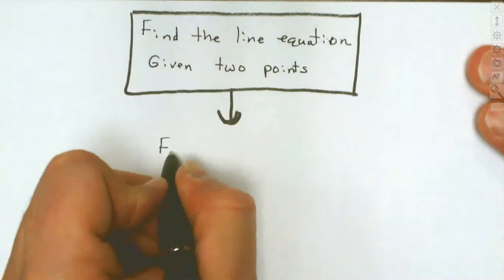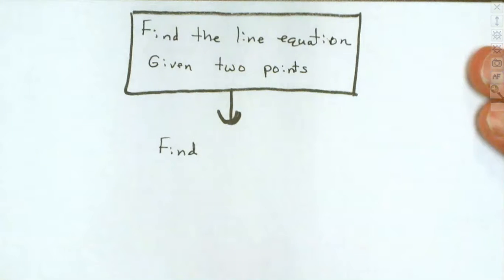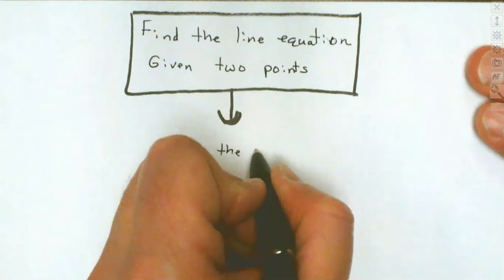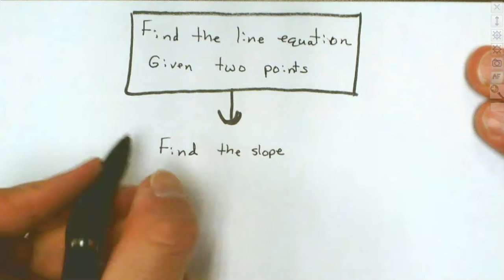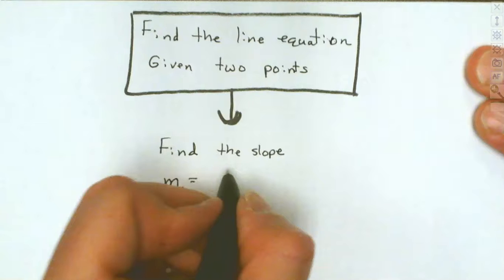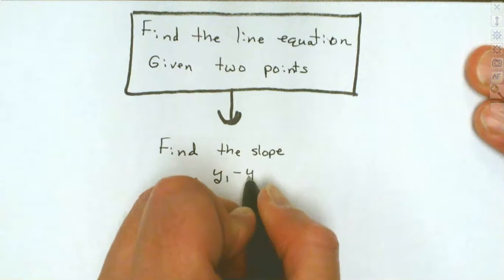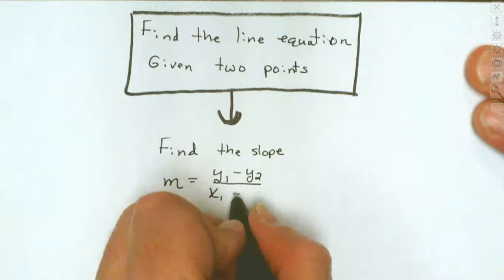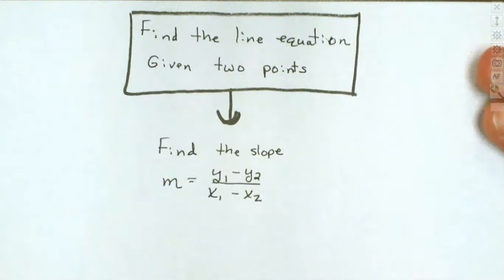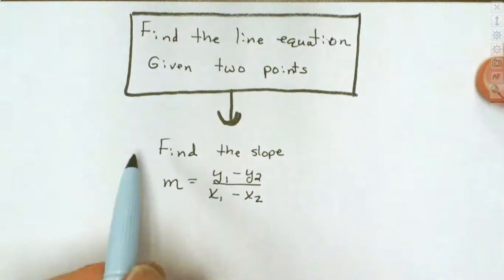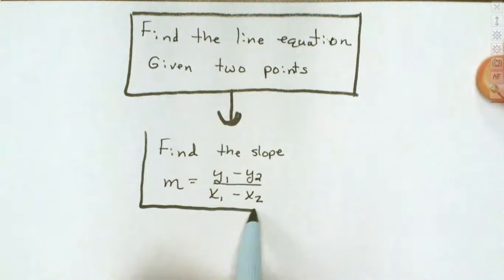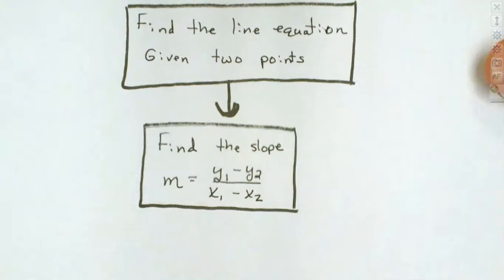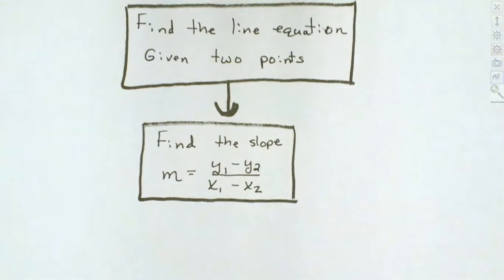And we do that by using our slope formula that we learned back in 2-2. So we want to find the slope. We use our formula, m equals y1 minus y2 over x1 minus x2. And that is your slope formula. Remember that formula? We used that back in the last section here.